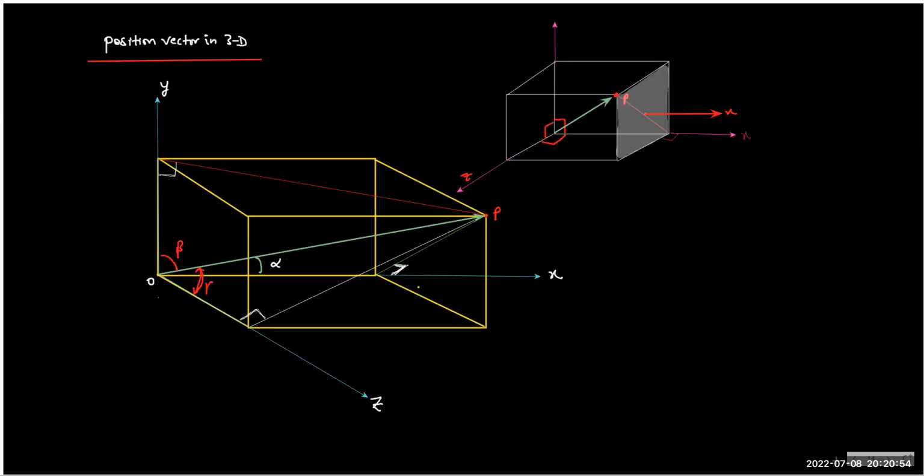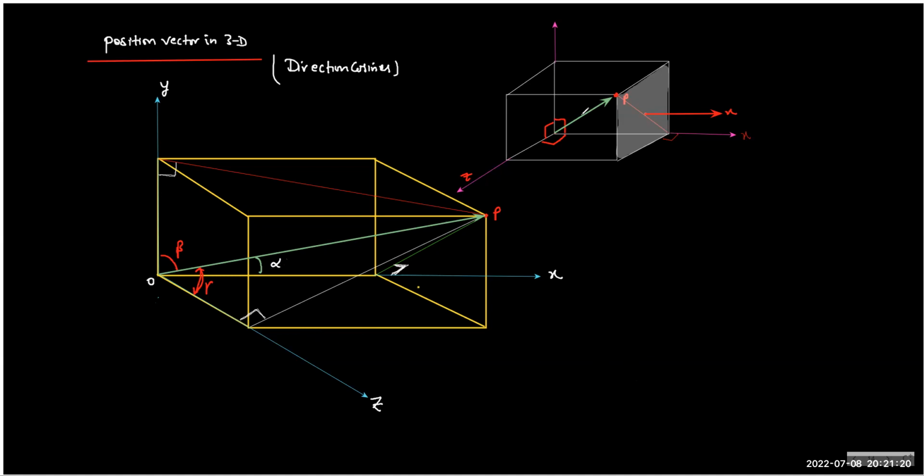Alpha is not giving the answer, beta is not giving the answer. I need all 3 angles, alpha, beta, and gamma. And that is why we define something called direction cosines. We'll study the direction cosines after the vector is represented first. So let's go to the representation part.